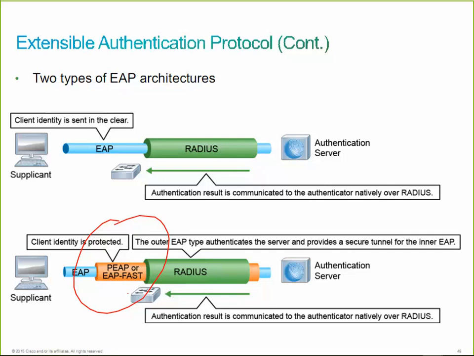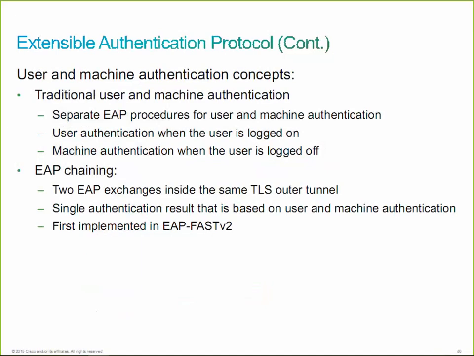And EAP-MD5, highly susceptible to man-in-the-middle attacks, never use it, right? So that one you can kind of forget about. So again, it's a lot of information. And it's the one thing that all my CCNP Security guys pull their hair out on every time we talk about it, because it's just really, really confusing, all these different variants and trying to keep them in line and so on. All right.